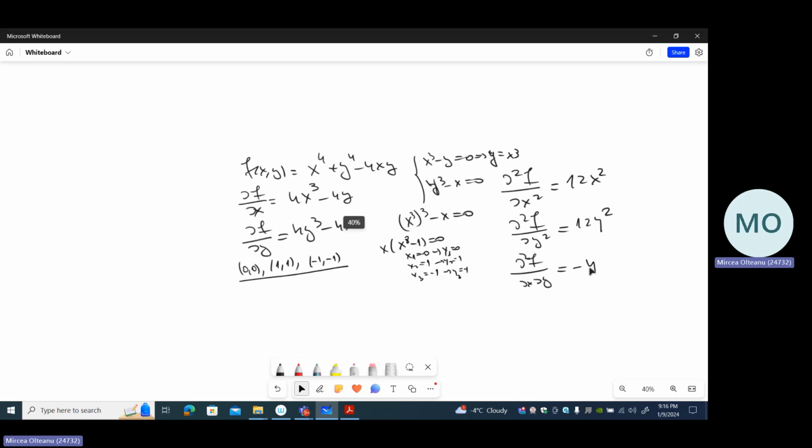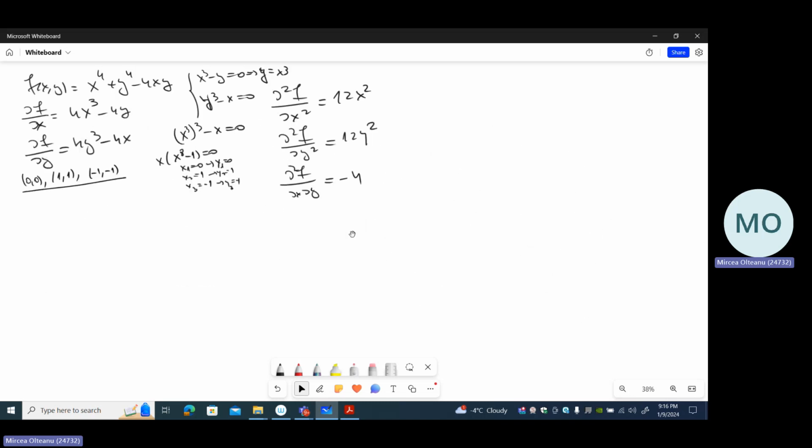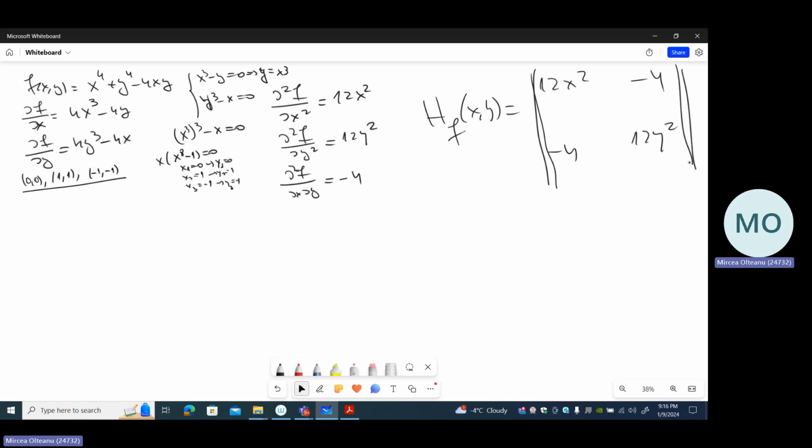So now the Hessian matrix at some arbitrary point (x, y) is 12x squared, minus 4, minus 4, 12y squared. And now we shall consider each of these critical points to decide the nature.